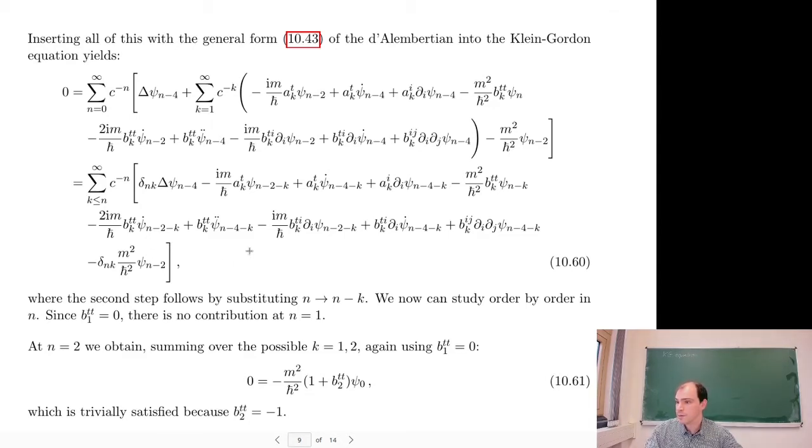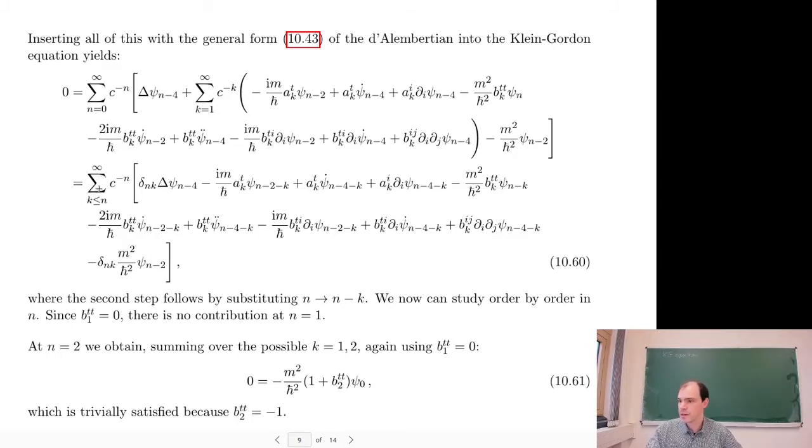And we can just do a substitution here. We can do a substitution of n by n minus k. And then instead of getting this double sum with coefficients, we get a single sum with c to the power minus n, but with the sum now not running just over n, but running over k and n, with the restriction that k must be smaller or equal to n.